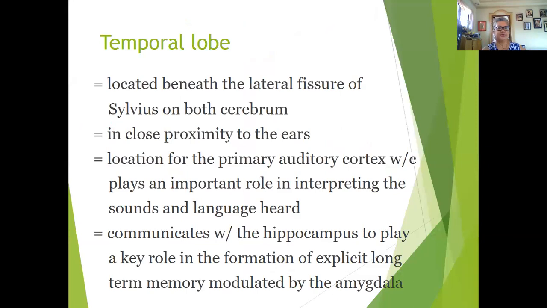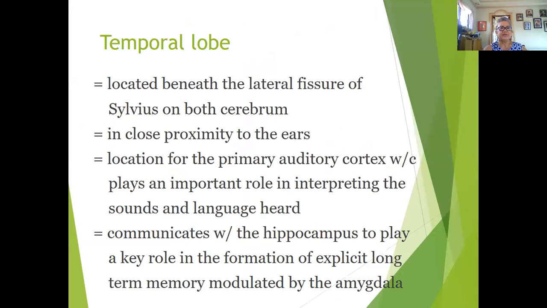When we go now to your temporal lobe, this is located beneath the lateral fissure of Sylvius in both cerebrum. This is in close proximity to the ear. So remember earlier where I made you put your palm on your head. If you put your palm in the region of your ear, you are in the proximity of your temporal lobe.